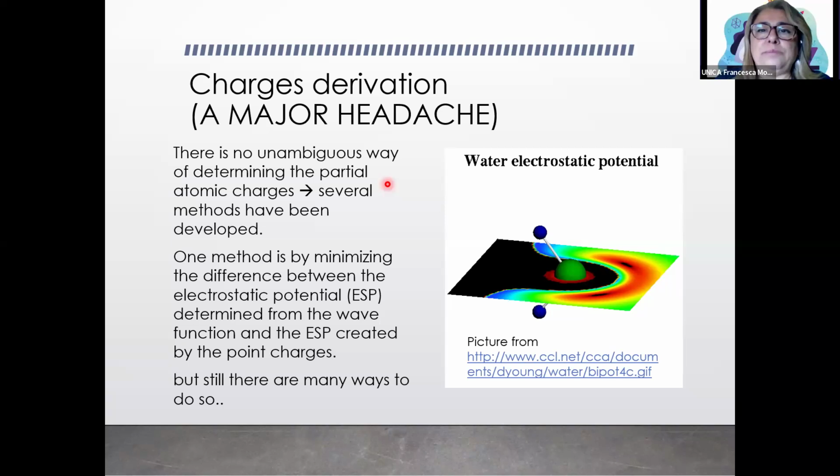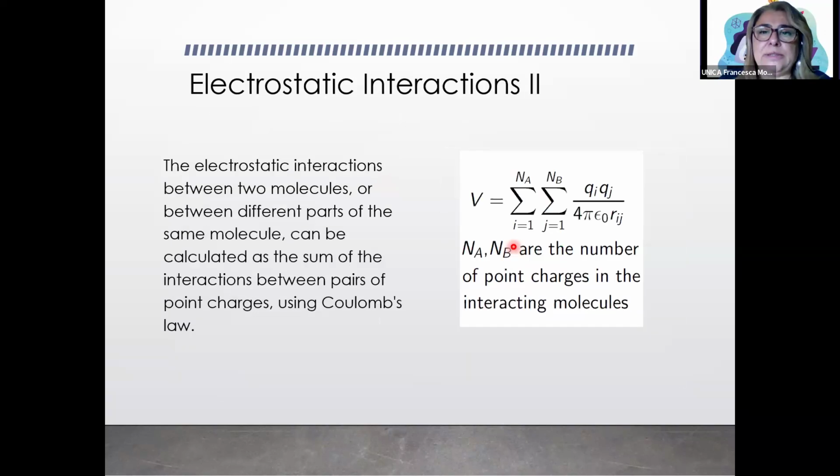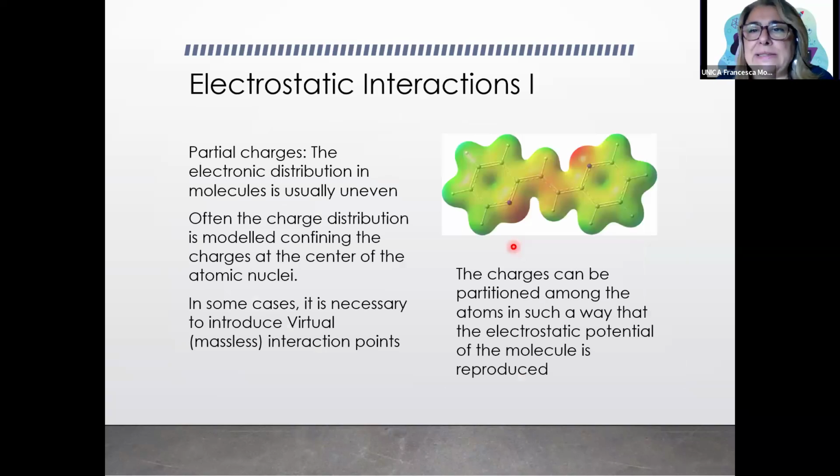So we can go back to understand this concept to this previous slide. Where does this hydrogen here end? What are the electrons that belong to this hydrogen? What are the electrons that belong to this carbon?